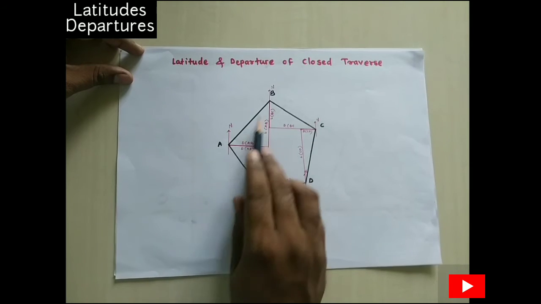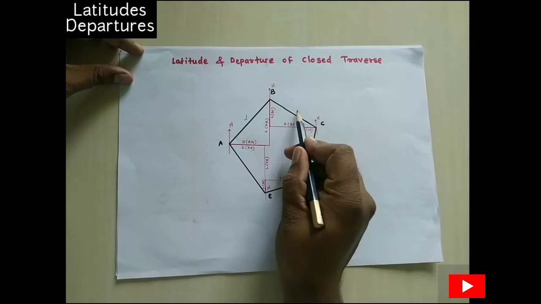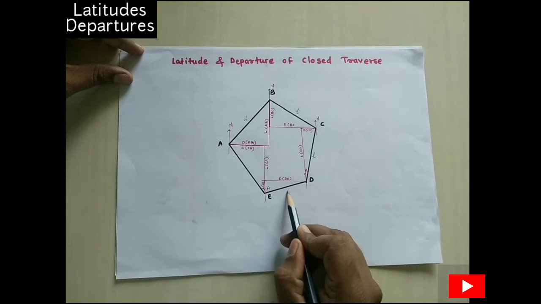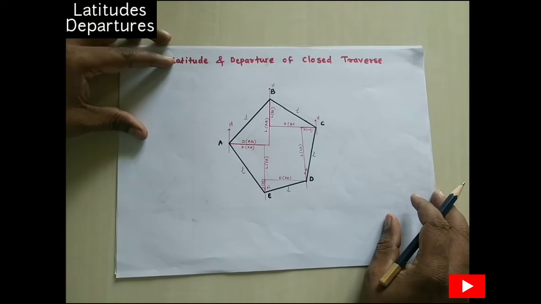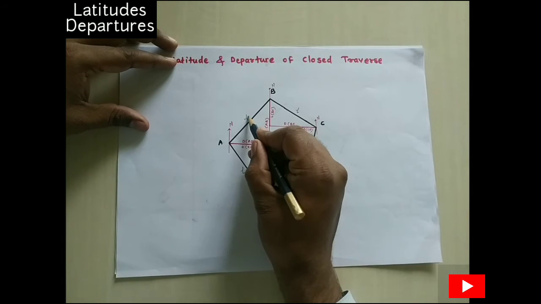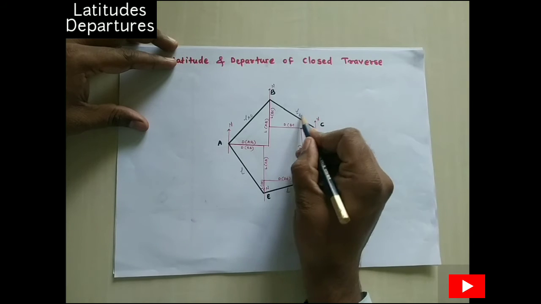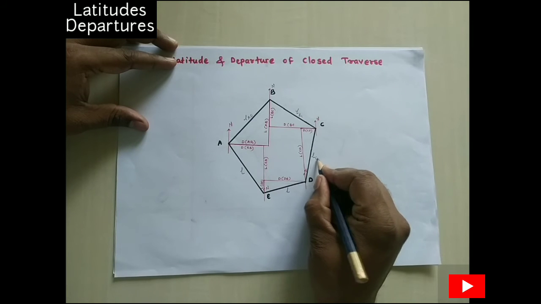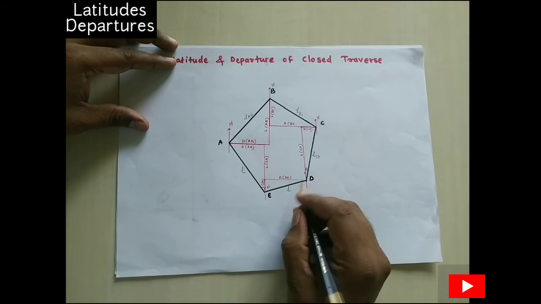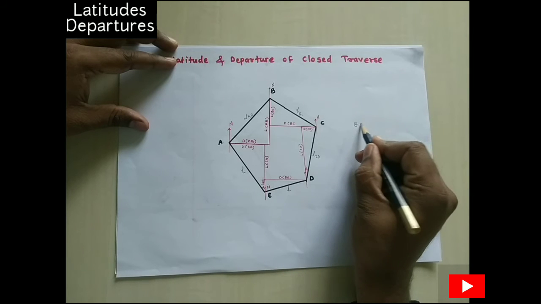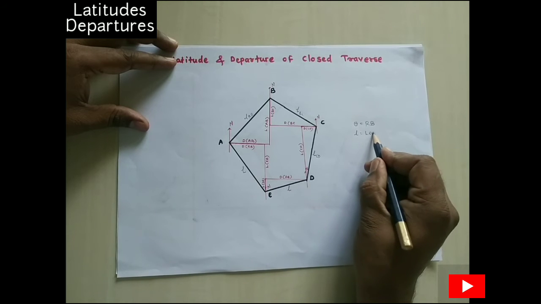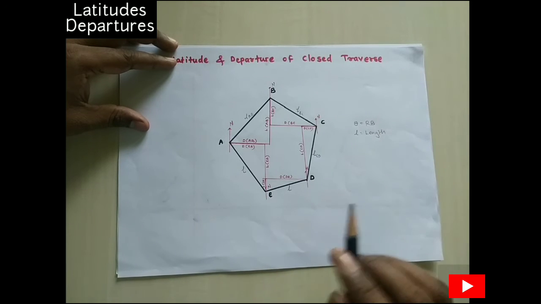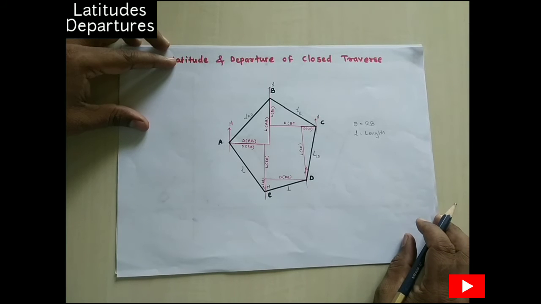If the lengths of AB, BC, CD, DE, and EA are given in the problem, then you need to determine the latitude and departure of each line by using theta, the reduced bearing, and the length of that particular line. If the whole circle bearing is given, you need to convert it into reduced bearing.